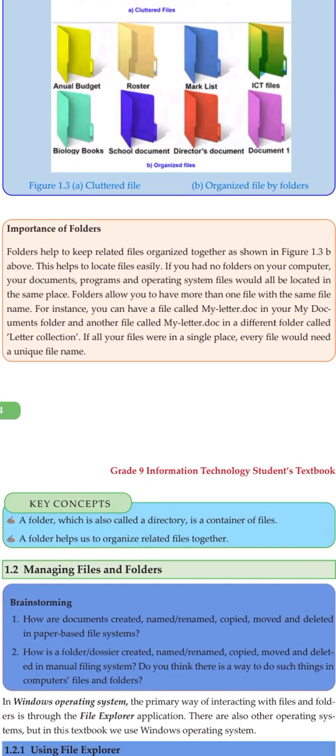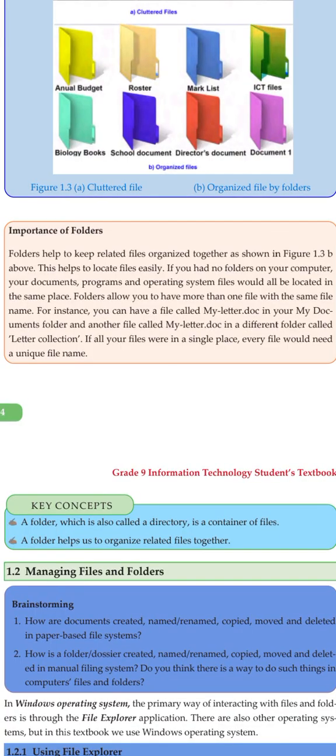My Documents folder and the second folder is Letter Collection. The same drive, but different folders, the same file names. It's possible to duplicate or to copy paste. And in general, it allows you to have more than one file with the same file name.